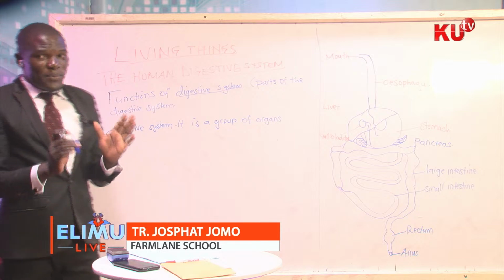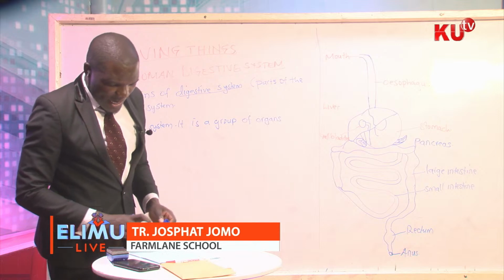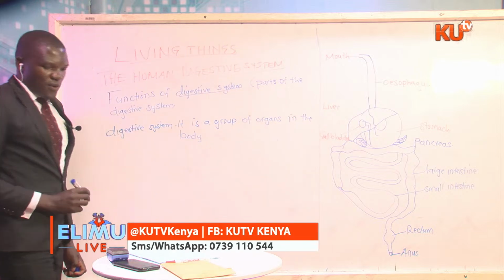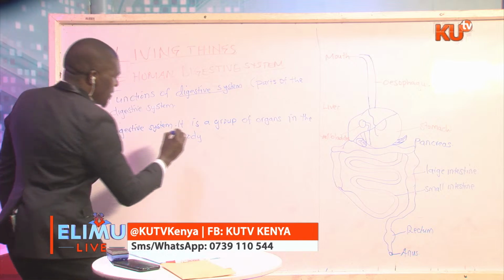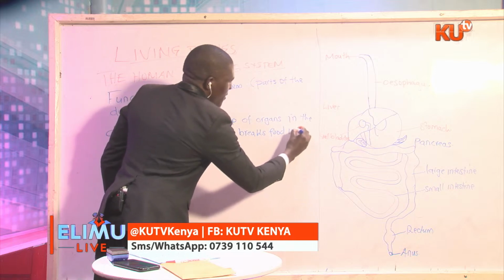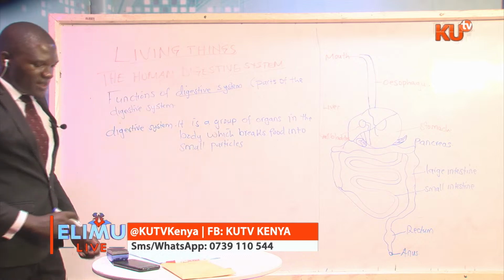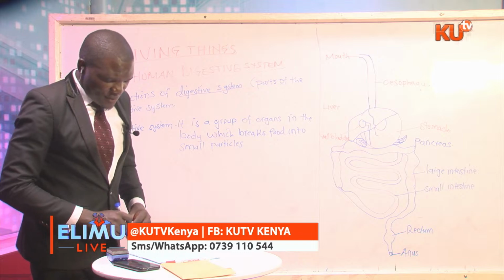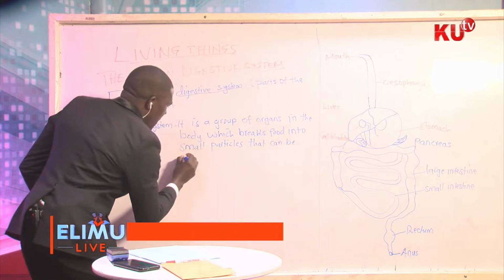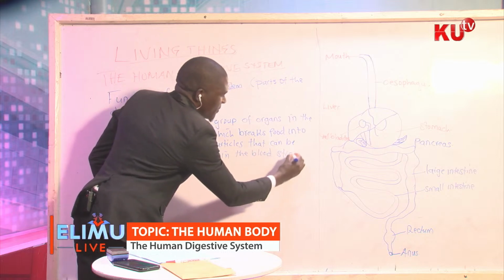Digestion is the process of breaking down. But when we come to the digestive system, we look at a group of organs in the body which break food into small particles that can be absorbed in the bloodstream.